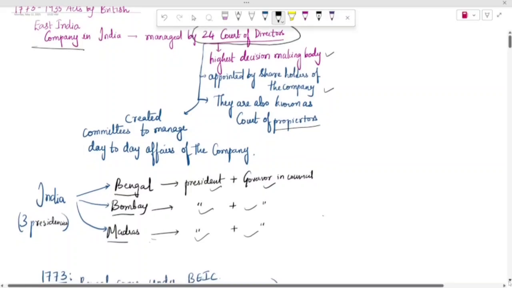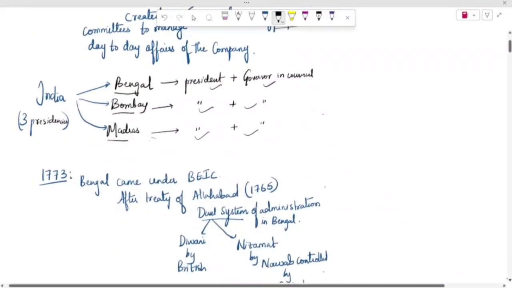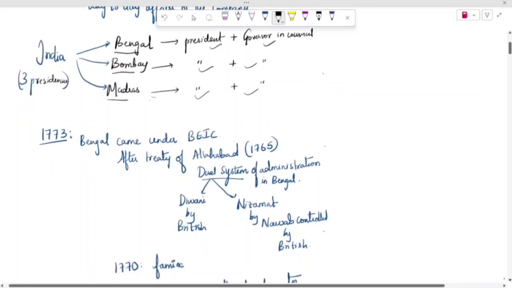What happened in the meantime is that, rather than the company becoming rich or getting higher revenues from India, company officials got rich due to corruption or due to private trade. We also know that Bengal came under the British East India Company, and it got Diwani rights from the rulers of Bengal.